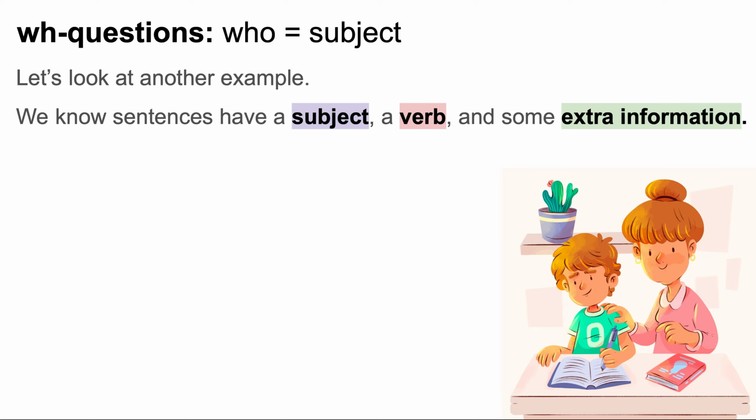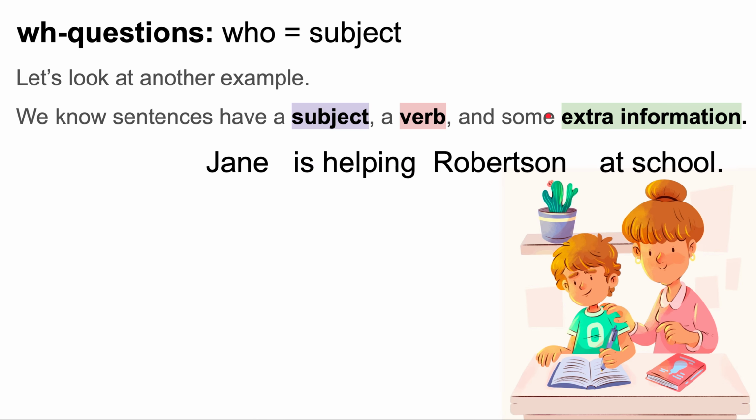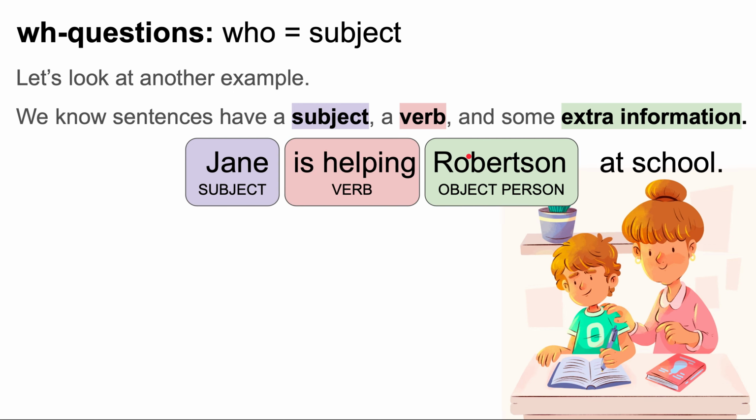Once again, we know that sentences have a subject, a verb, and extra information. Let's look at a sample sentence. Jane is helping Robertson at school. Jane is our subject, is helping is our verb. Robertson is extra information for an object person.